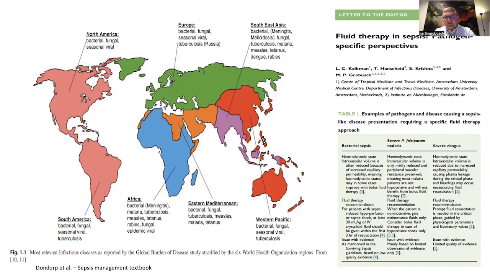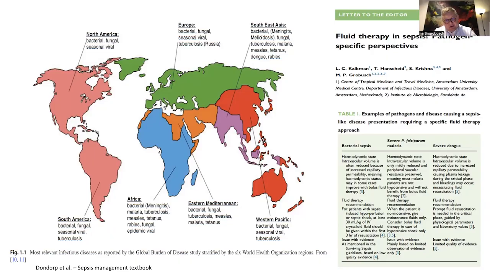There can be sepsis-like disease pictures, such as malaria as one example, or dengue. And as I'm just illustrating here in a recent paper coming from my group, actually, it also means we really have, if we are dealing with a sepsis-like picture, we have to have a very good idea of what pathogen we might be dealing with.